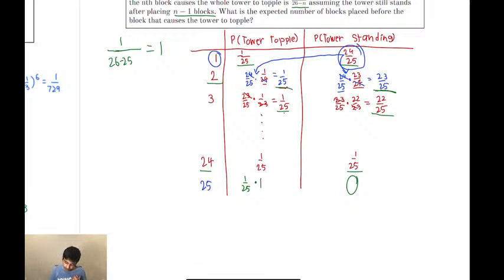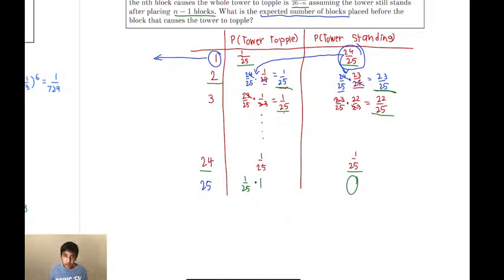Okay, so now we want to find the expected number of blocks placed before the block that causes the tower to topple. So what is the probability that 0 blocks will be placed before it topples? Well, it's the probability that it will topple on the first block.